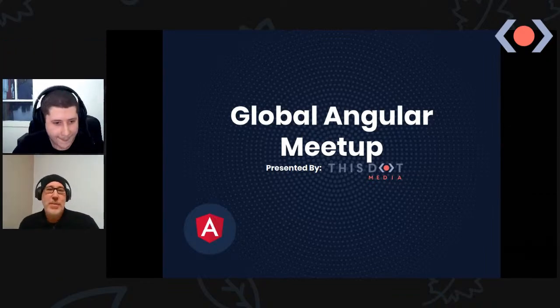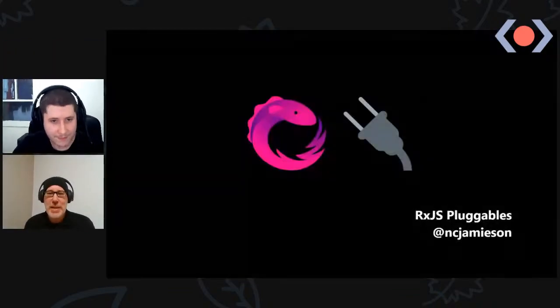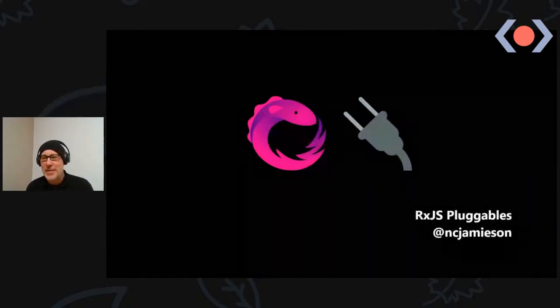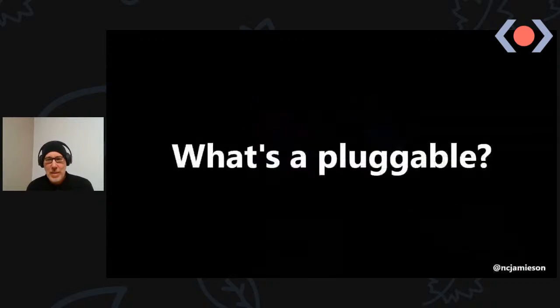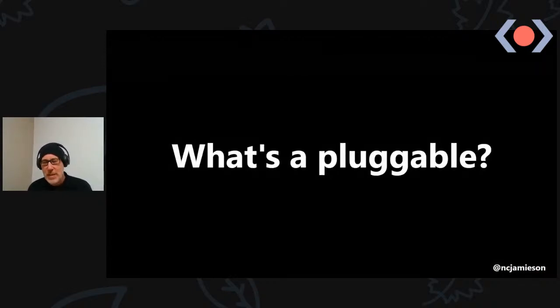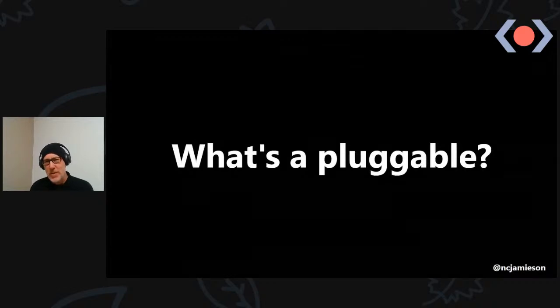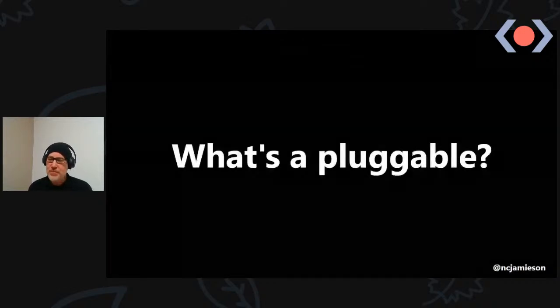Thanks, Daniel. I'm Nicholas. I'm on the RxJS core team, and I'm going to be talking today about a concept that I call pluggables. So what's a pluggable? Usually when you're dealing with RxJS, you're composing behaviors out of individual operators and piping them together. And to change the behavior, you'll choose different operators.